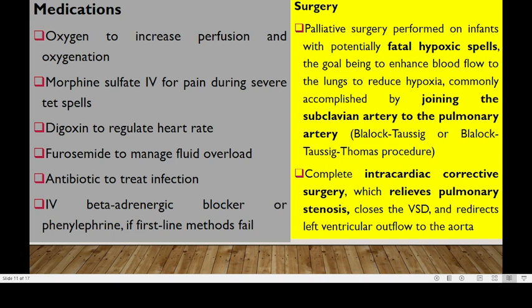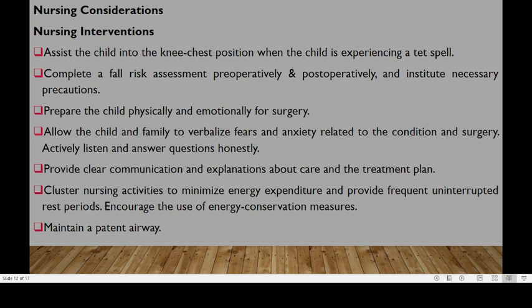This is commonly accomplished by joining the subclavian artery to the pulmonary artery, normally referred to as the Blalock-Taussig-Thomas procedure. You can also complete intracardiac corrective surgery, which will relieve pulmonary stenosis, close the ventricular septal defect, then redirect left ventricular outflow into the aorta.